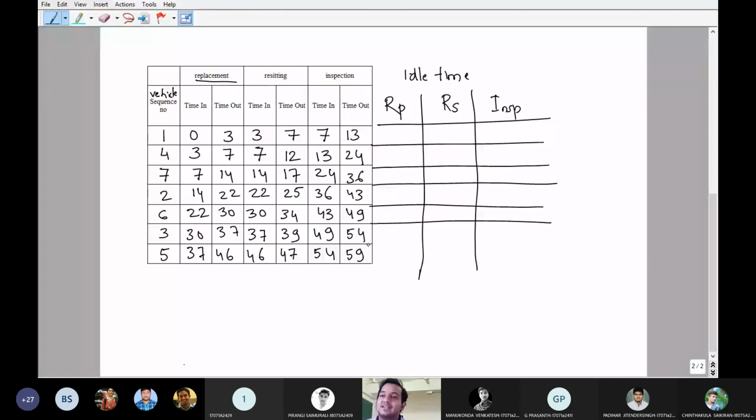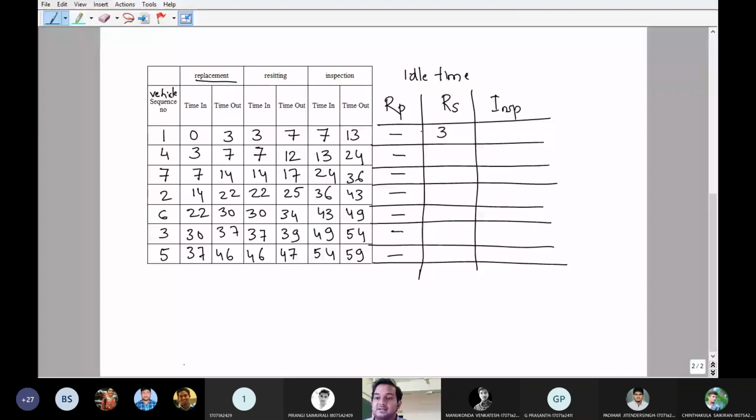Now we'll start with the replacement. You see 0 to 3 is working, he's completely working. Yes or no? 3 to 7, 7 to 14, 14 to 22, 22 to 30, 30 to 37, and 37 to 46. Then he is waiting for 3 minutes to complete that task.